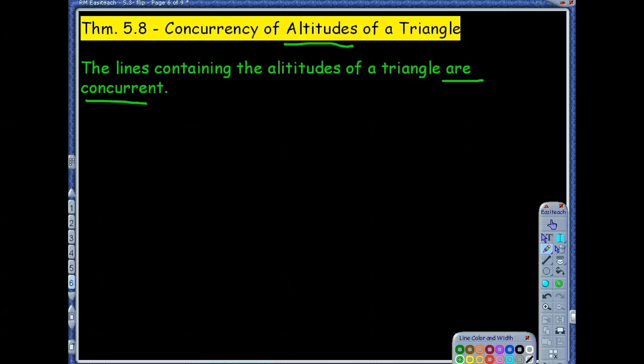We looked at the incenter and said that point was equidistant to all the sides of a triangle. We looked at the medians and realized that the centroid had that 1/3, 2/3 relationship from the point of concurrency to the sides and to the vertices. This one, no special relationships.